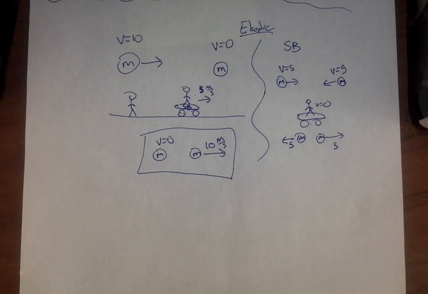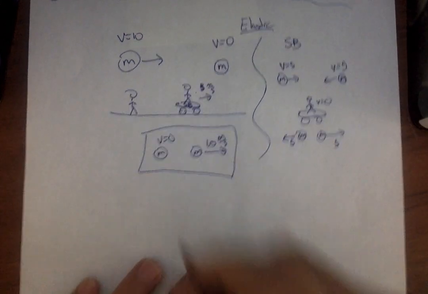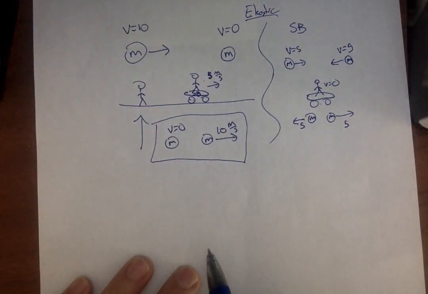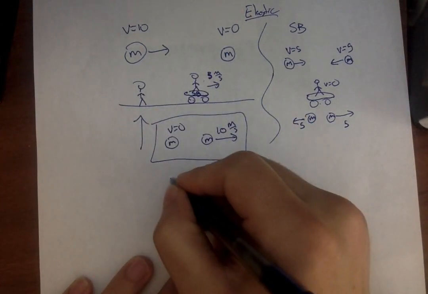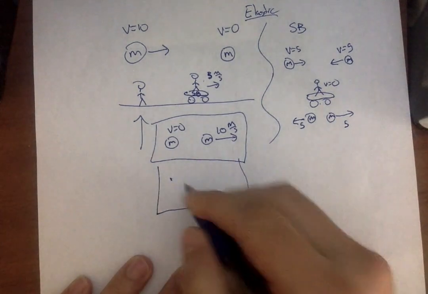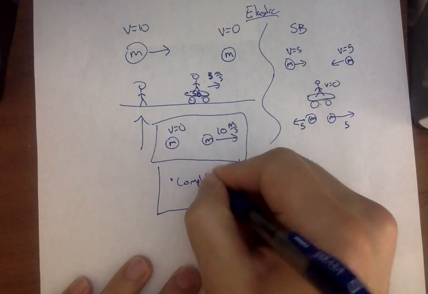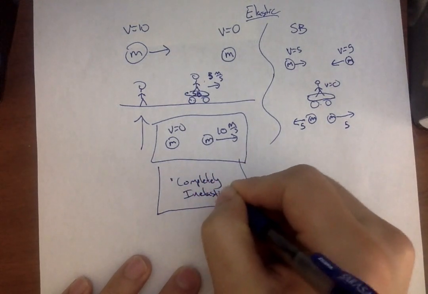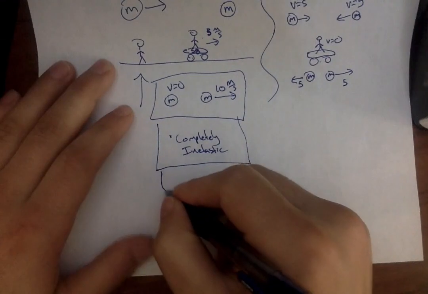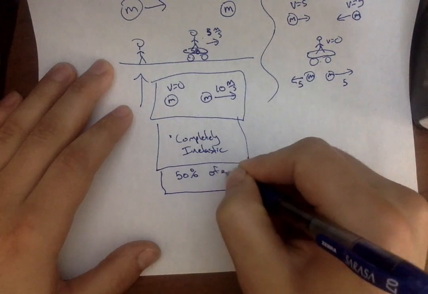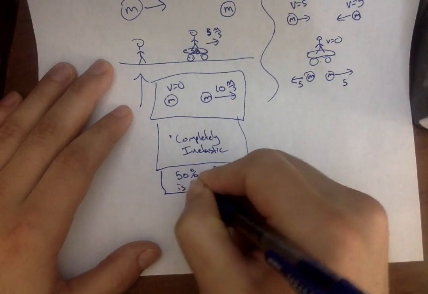What I want you to do for your homework for this problem is I want you to determine from the stationary person's perspective what the final velocities of the balls are if there is a completely inelastic collision between the two, and if there is a collision where 50% of energy is lost.